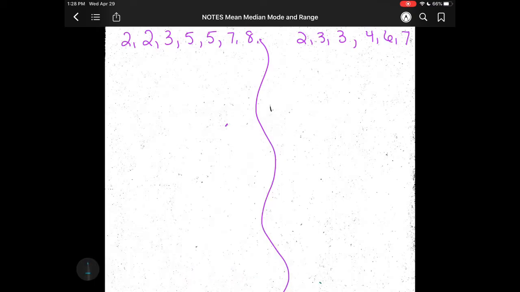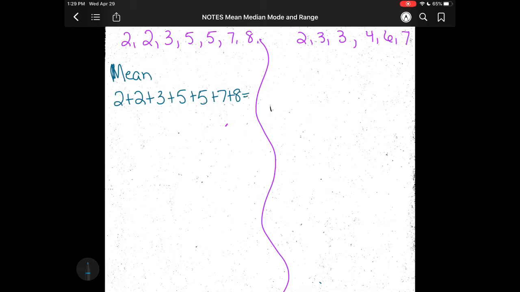I'll do it in a different color. 2, 2, 3, 5, 5, 7, 8. So the first thing we want to do is find the mean. And to find the mean, remember that's the average, so we want to add. So we're going to do 2 plus 2 plus 3 plus 5 plus 5 plus 7 plus 8.